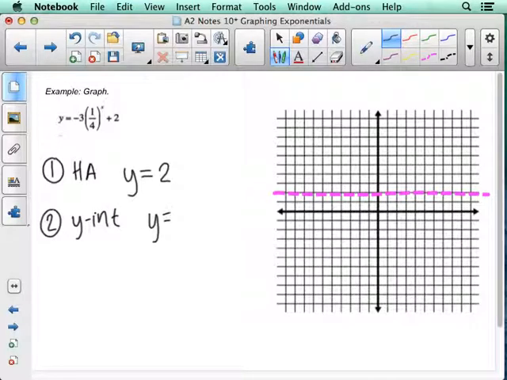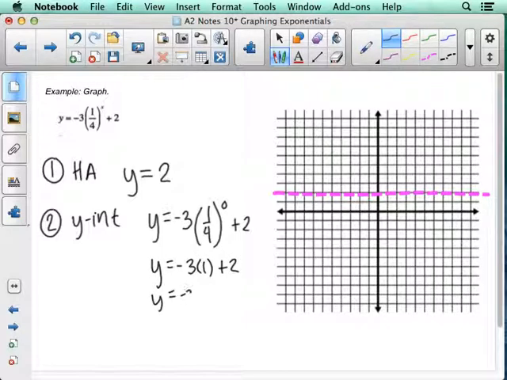So you get y equals -3 times 1/4 to the power of 0 plus 2. Anything to the power of 0 is 1, so you get -3 times 1. So this is -3 plus 2, which is -1. So my y-intercept was 0 for x, and I got -1 for y. So that's going to be 0, -1, so that's down here.